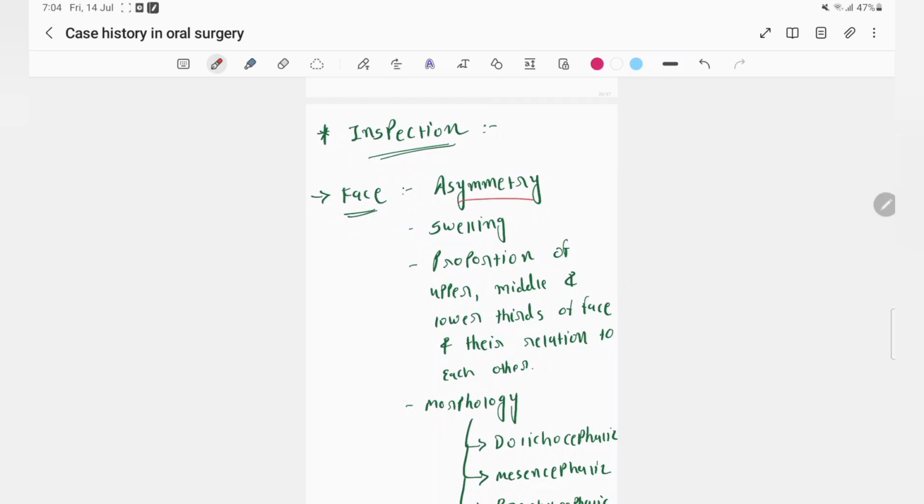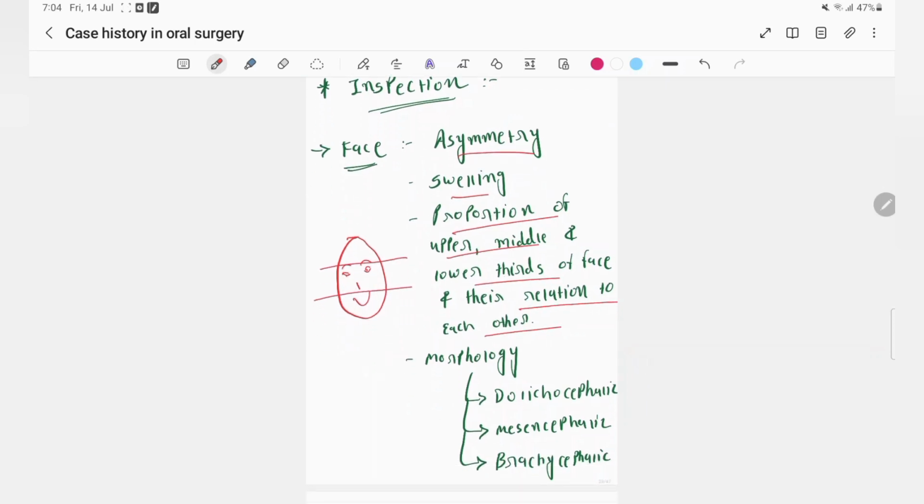Then any swellings and proportion of upper, middle and lower thirds of the face and their relation to each other. So we are just dividing the face into three planes: upper, middle and lower, right? So you have to check this proportion. Then you have to go for morphology.